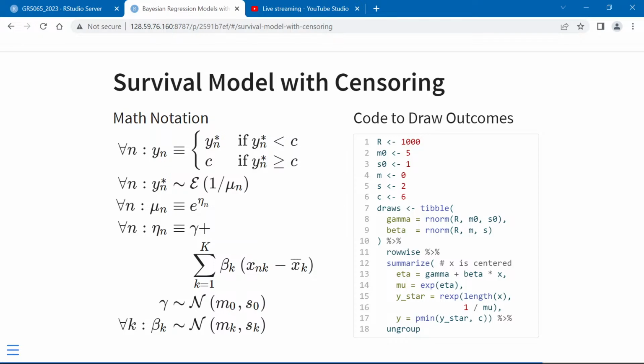Eta can be interpreted as the log of the expected survival time. So the log of the expected y star, but it is not the log of the expected y due to the truncating. So we can interpret y star as actual survival time in reality, even though the study only observes survival time up until C at most.